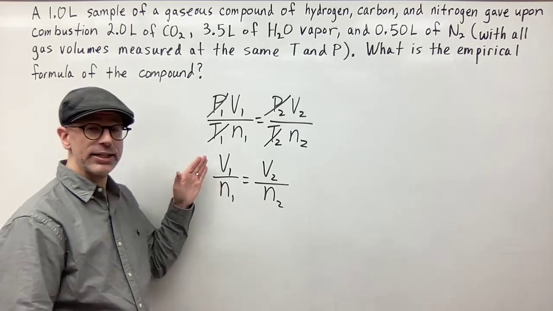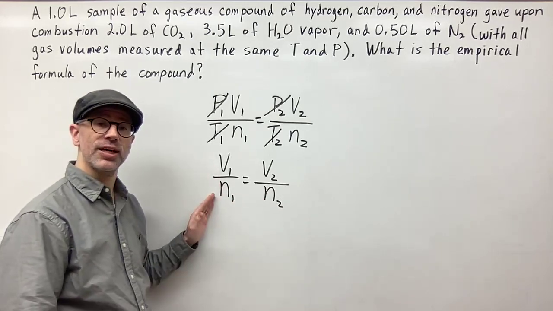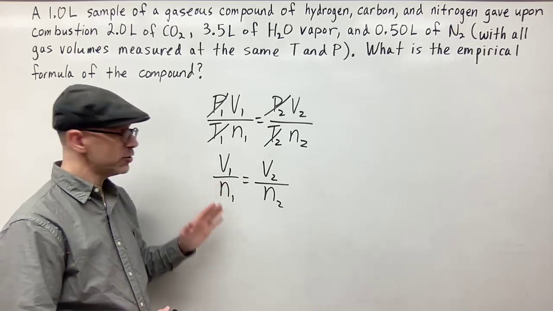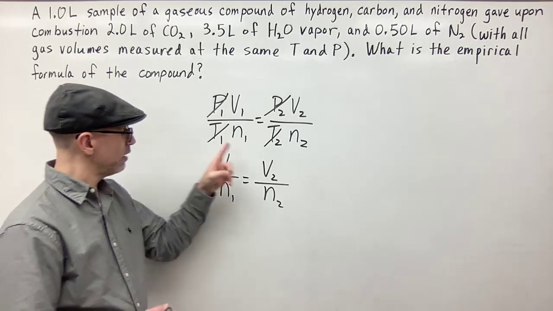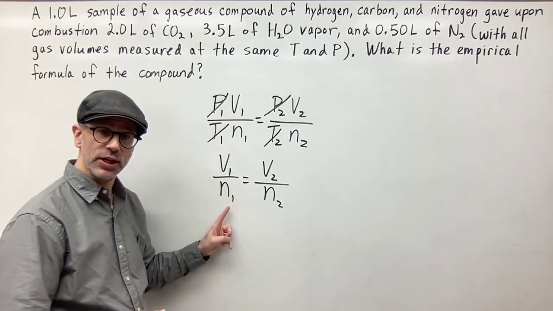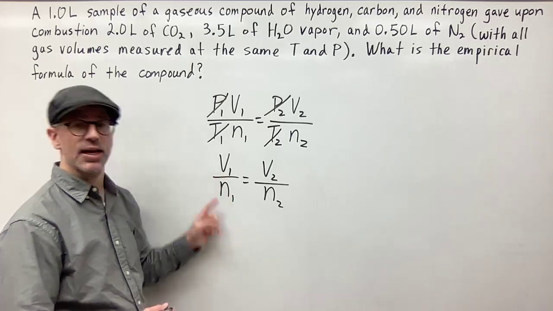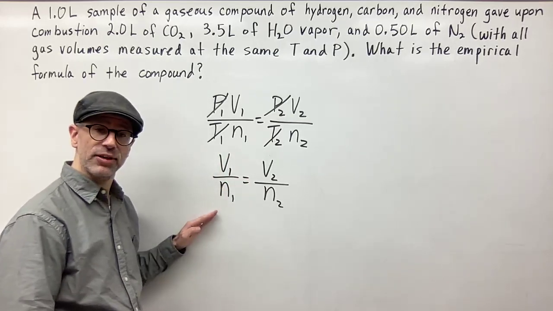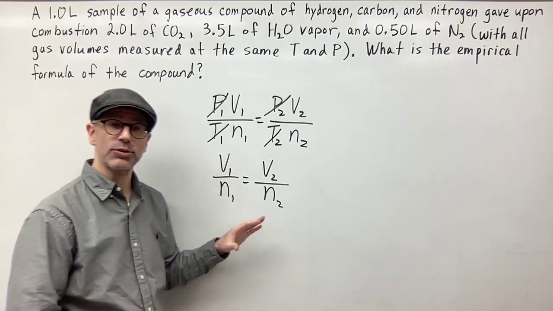So whatever I do to the volume, the same thing has to be done to the amount of gas in order to keep the ratio the same. So if I double the volume, then I would have to double the amount of the gas. If I double the amount of the gas, then the volume is going to double. If I cut the amount of gas in half, then the volume is going to be cut in half. So this is a direct relationship.